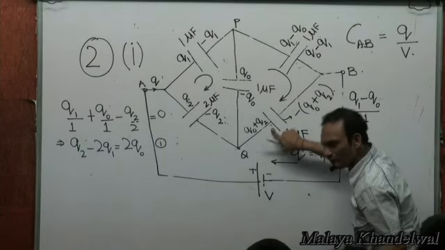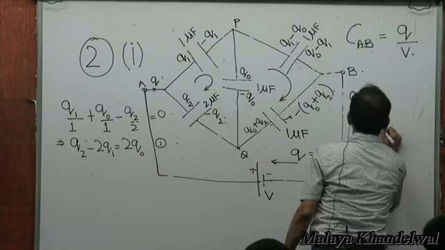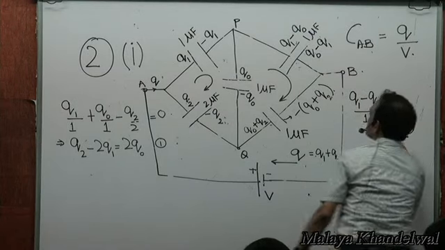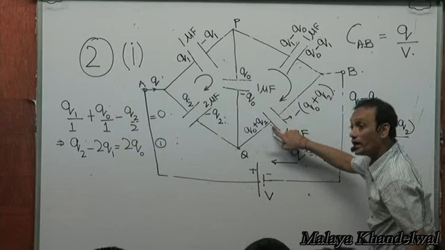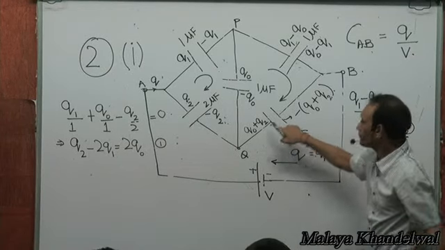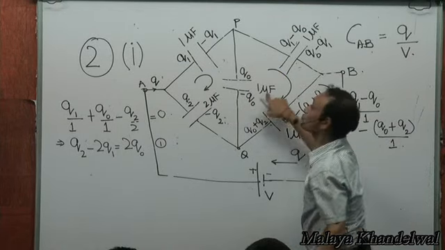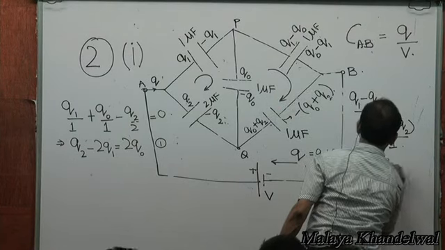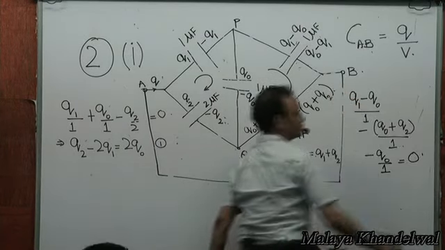That's going to be the drop from here to here. Charge on this plate is minus Q0 plus Q2, divided by 1. Yes or no? That's algebraic drop from here to here. What? Am I confusing you? Then I go this way. Then drop from here to here is going to be what? Minus Q0 by 1. That must be 0. Yes or no?